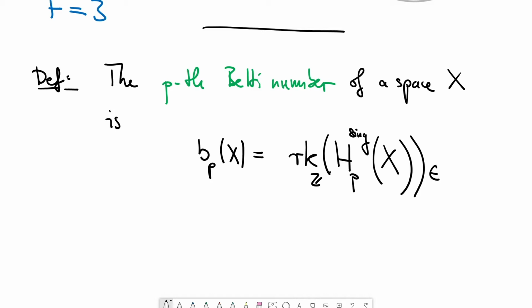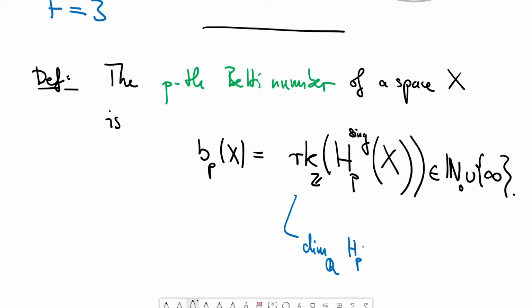So this is either an integer, or if the group is not finitely generated, then the rank is infinite. So this rank, you could also interpret as a vector space dimension. This is the same as taking the Q vector space dimension of H_p singular tensor Q. That's the same.